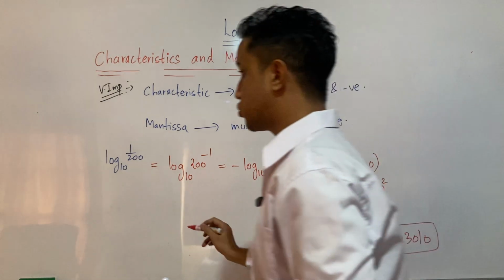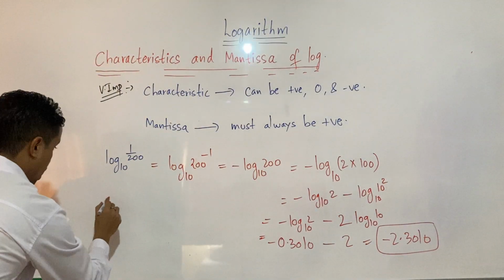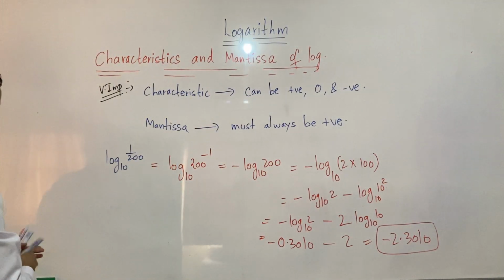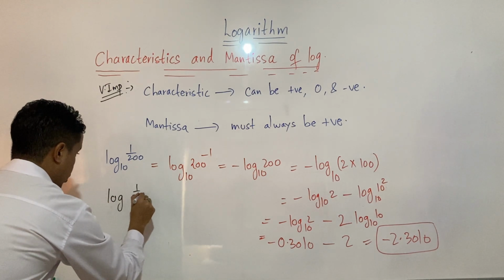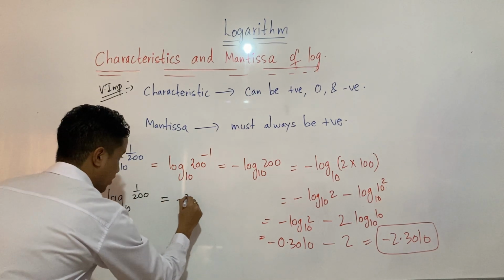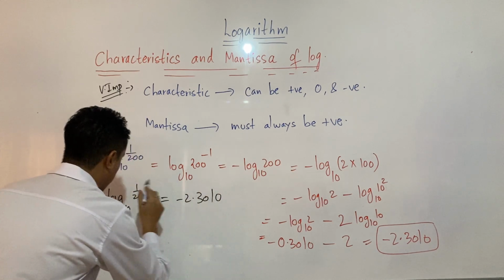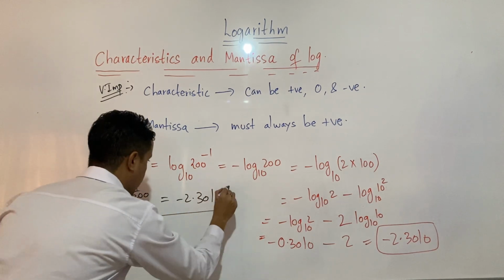This is going to be your log of 1 by 200 to the base 10. This is minus 2.3010.